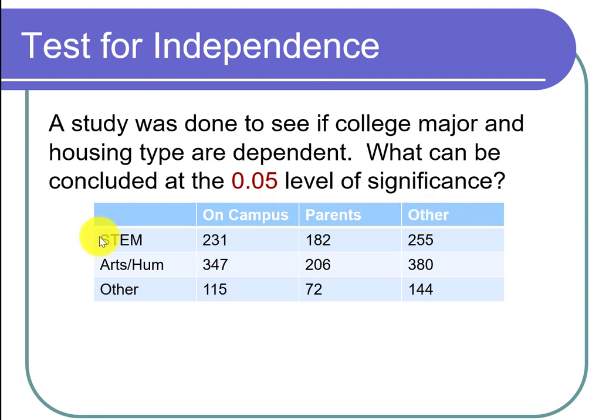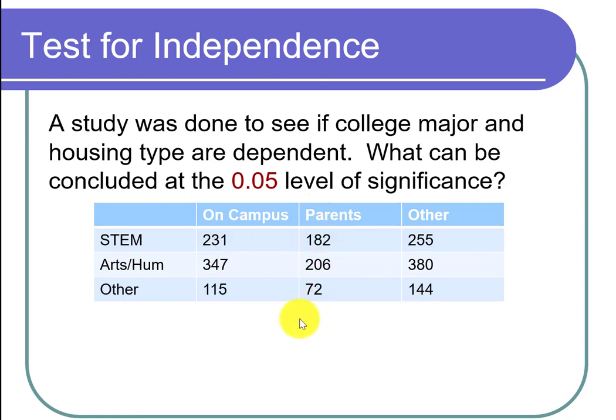And then I looked at our college major. You could be a STEM major, maybe arts and humanities, or other. And here were the counts for each of these parts. So for example, 182 were STEM majors who live with their parents.